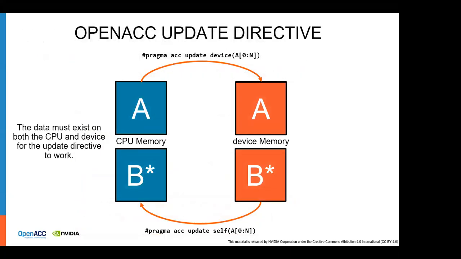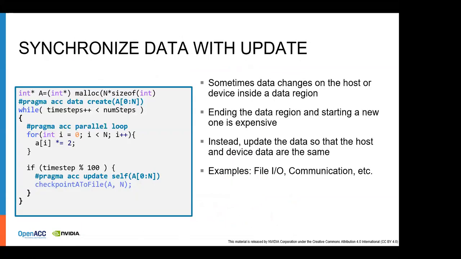So in this example, we update the array A from CPU to GPU, here on the device memory, and we are updating array B from GPU to CPU.